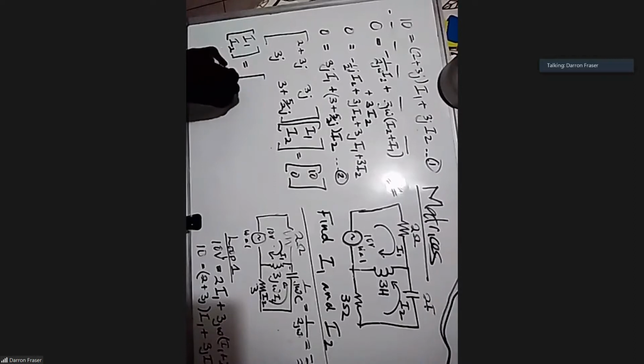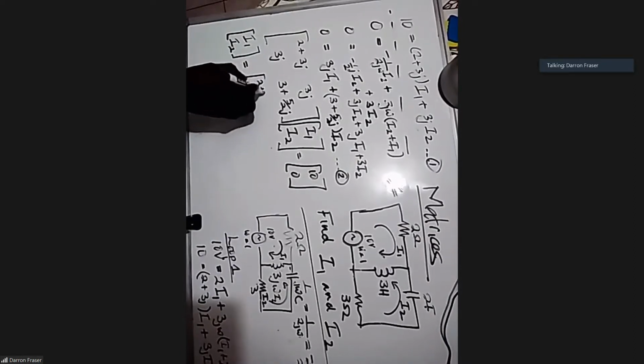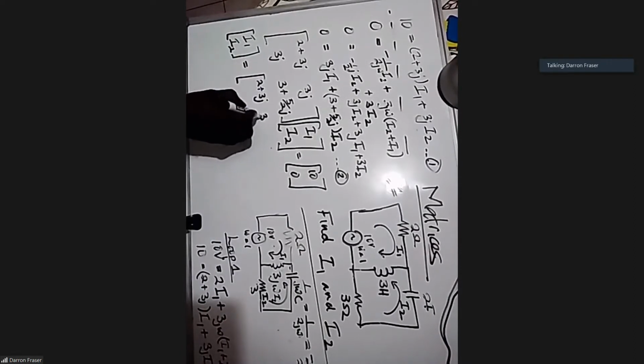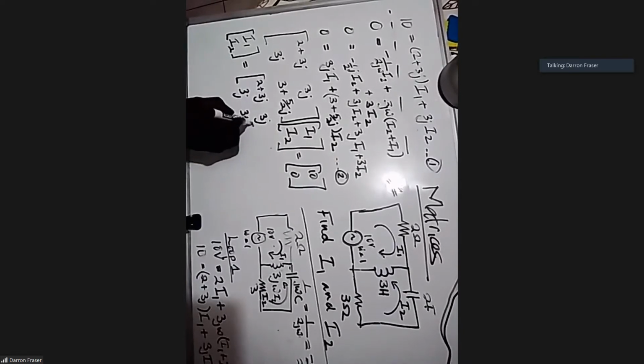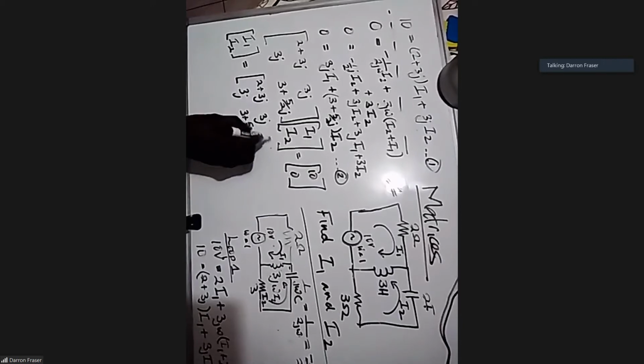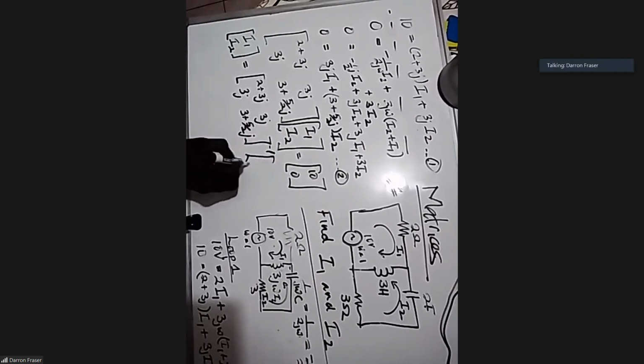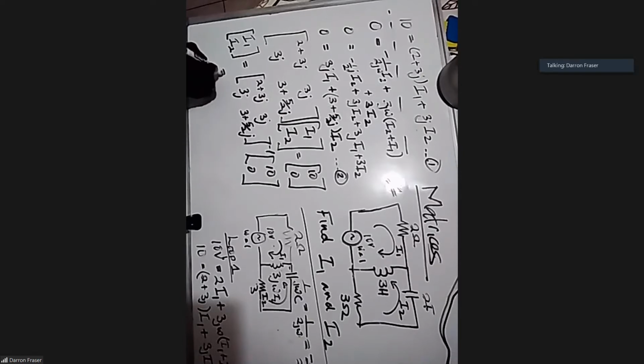So this is going to be the inverse of 2 plus 3J, 3J, 3 plus 5 upon 2J, times 10, 0, equal to.